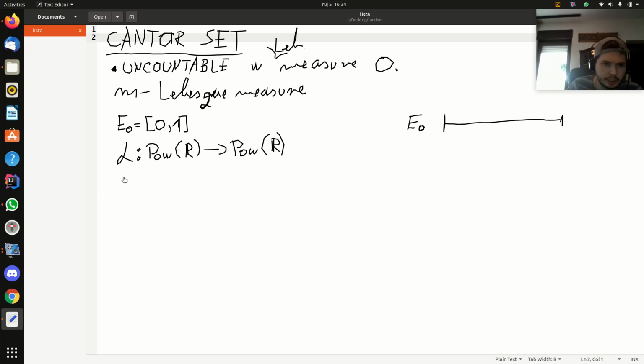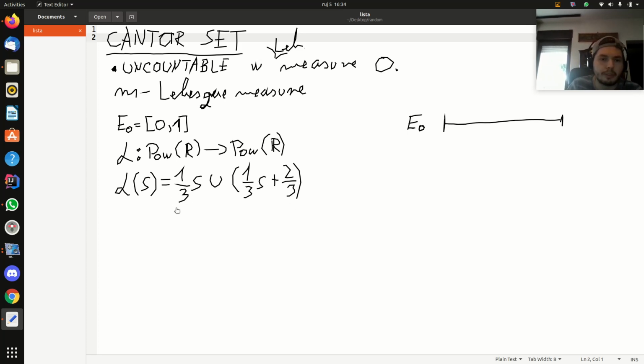And we're going to define it in the following way. So alpha of S is going to be one third S union one third S plus two thirds. And now I'm going to define what I mean by this. So take a to be a real number, and let b be a real number as well.